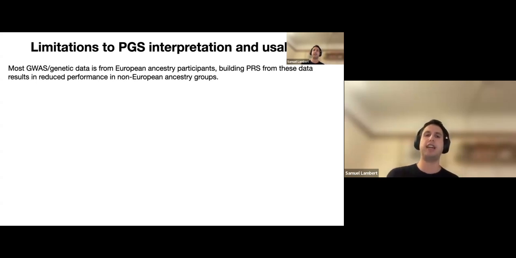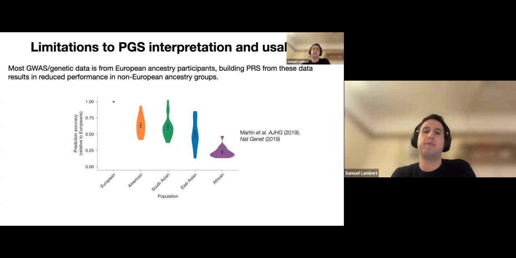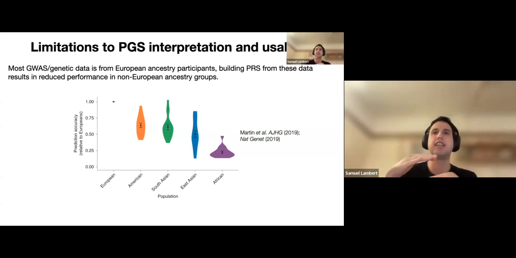And so what happens is that if you build polygenic scores exclusively from these data, it results in reduced performance in non-European ancestry groups. And this has been shown in many papers, but I think it's clearest in this Martin et al. paper from AJHG and Nature Genetics. But what you can see is that the score will have reduced, but not ablated, predictive value in non-European ancestries if it comprises only European ancestry training data.